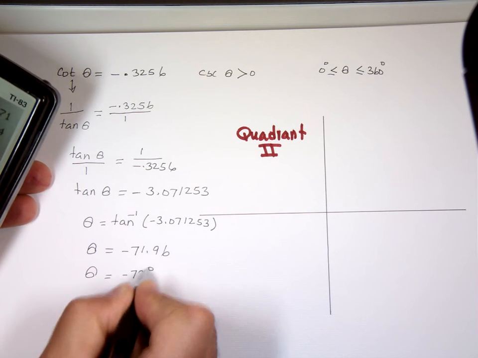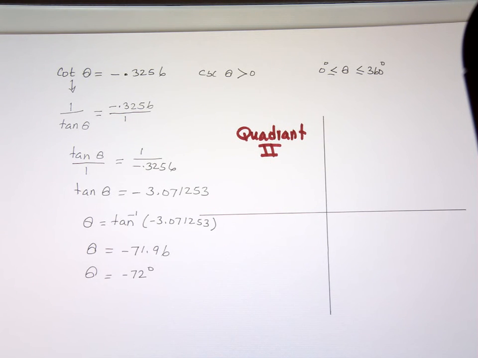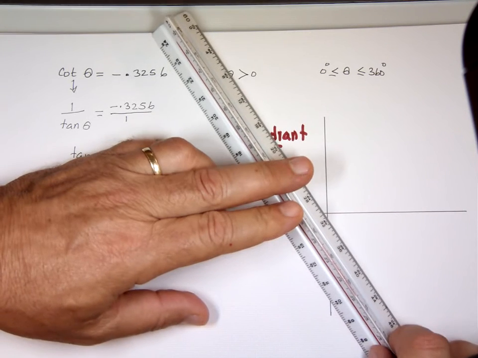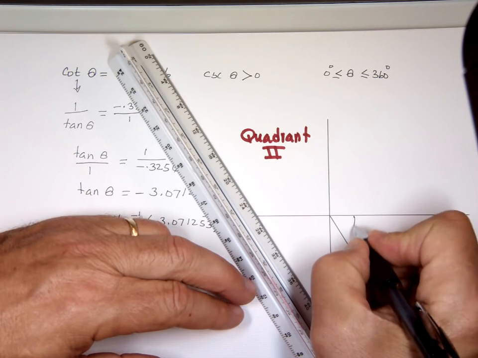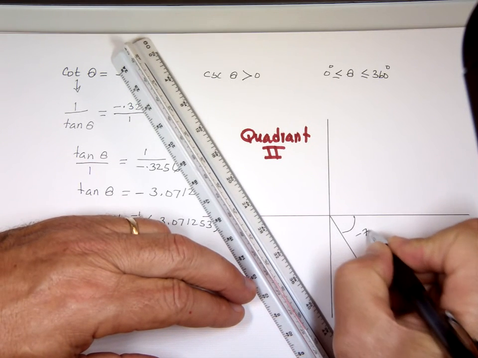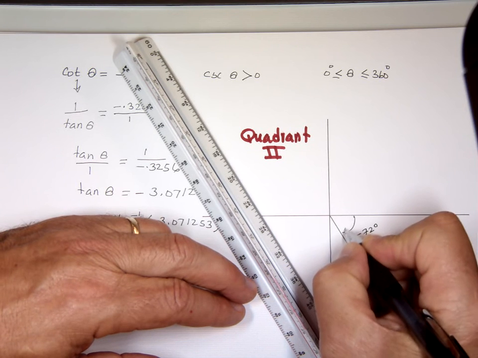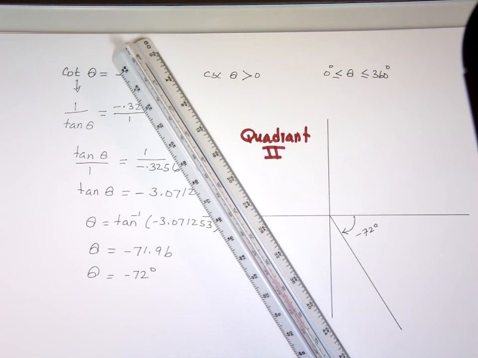Negative 72, which quadrant? That's in the bottom here, and we know that's not where the angle is. The angle is in which quadrant? Quadrant 2. This is a tangent question now. You just solved the tangent problem.